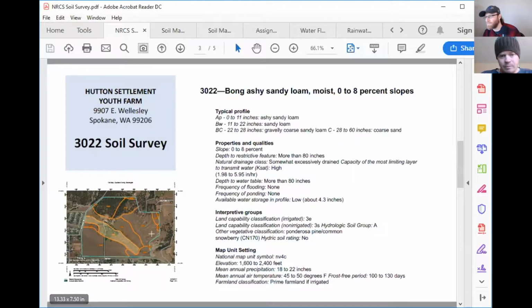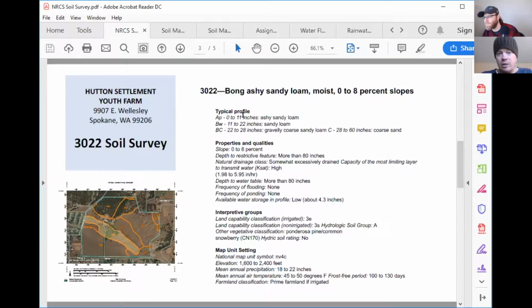So he looks at each one individually and puts this profile here. This profile is part of what's called the map unit description in the web soil survey program, and it gives you lots of information. So the profile is the cross-sectional information about the soil.